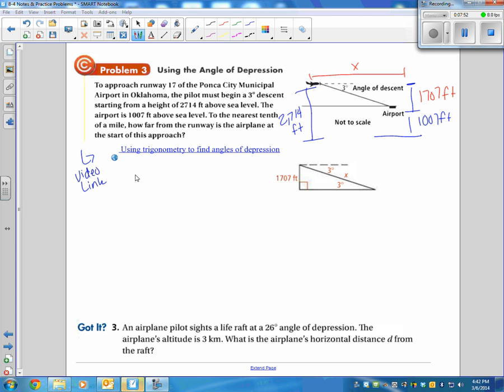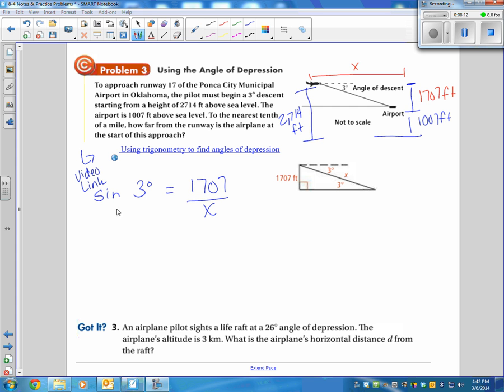So we need to use what? We have 3 degrees, we have the opposite side, we have the hypotenuse, so we actually can use sine for this one. So the sine of 3 degrees is going to be equal to opposite, which is 1707, over the hypotenuse, which is x.